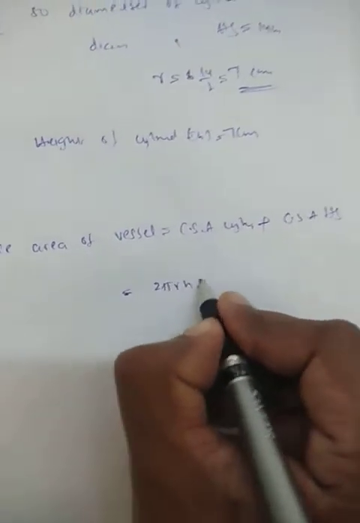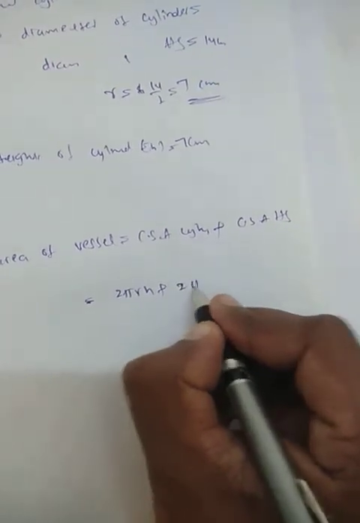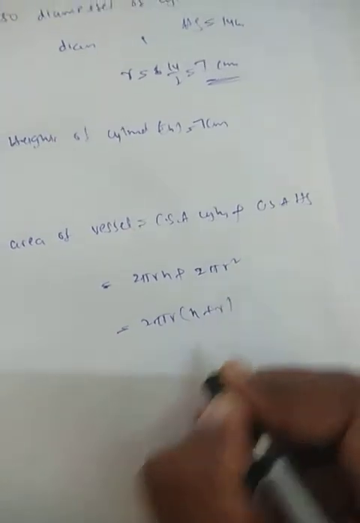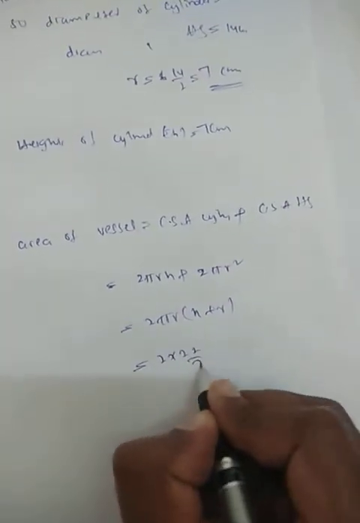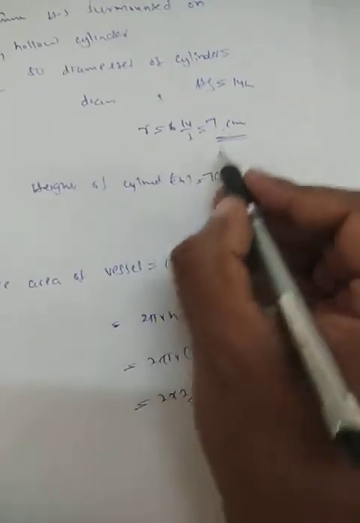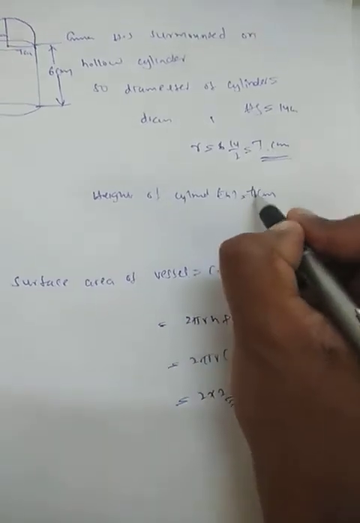The curved surface area of the cylinder is 2 pi r h. The curved surface area of the hemisphere is 2 pi r square. 2 pi r will be common, so you will get 2 pi r into h plus r. 2 into 22 by 7 into radius 7, into height of the cylinder 6 centimeters, plus radius 7 again. 13 minus 7 is 6.